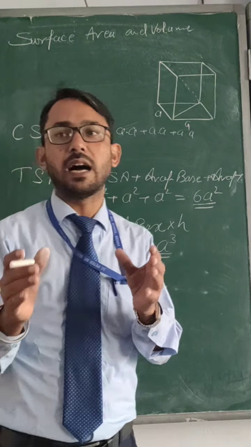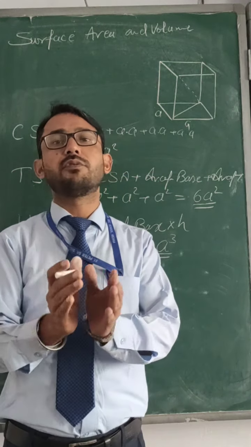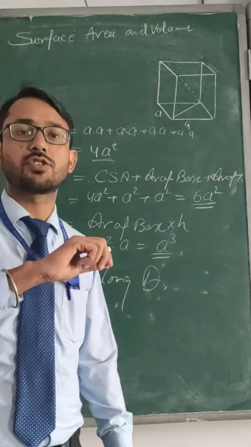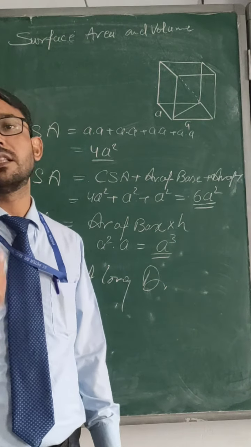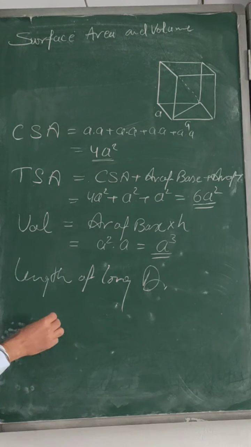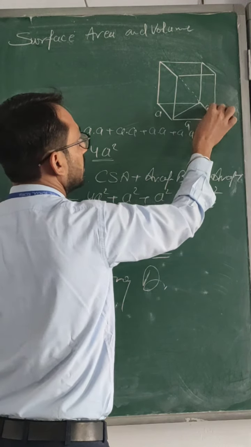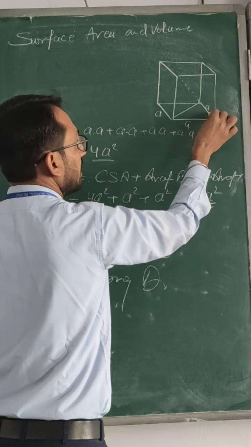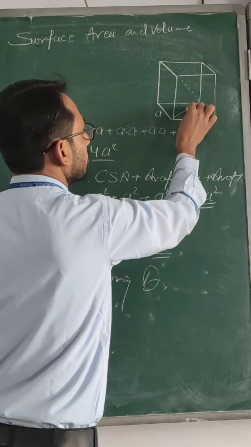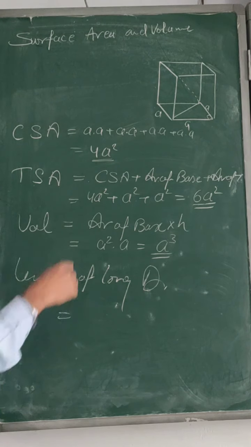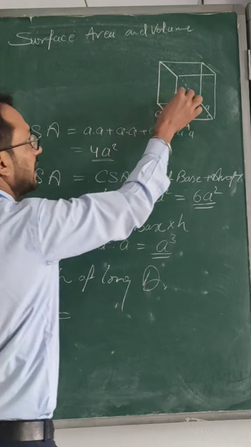The question may come: find the length of the longest rod which can be put in the cube. First of all, we are going to calculate this length. So it is A, and the angle is 90, so this will be root 2 A. And with that we are going to calculate this one.